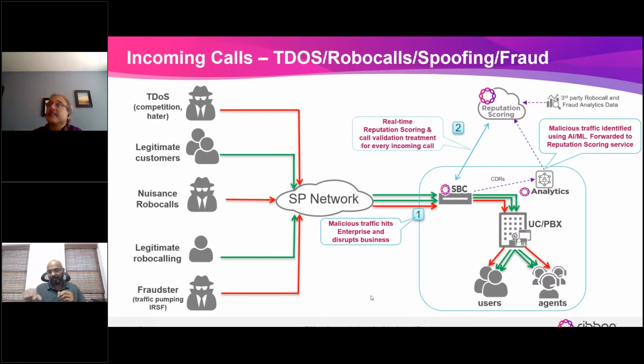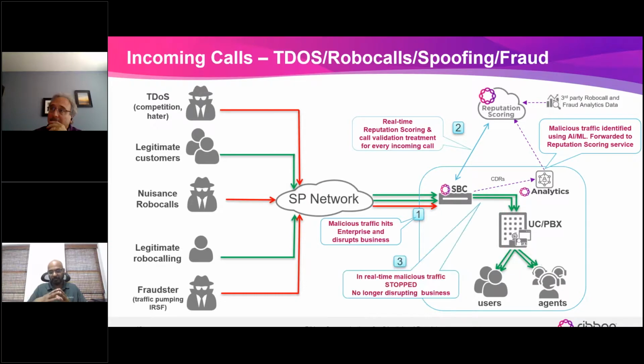If it did not have the voice threat prevention system, the red call would have gotten all the way to the PBX and all the way to the end user agent. But with this system, the SPC looks at the real-time score and then blocks or reroutes the call per the policy set by the enterprise. So the bad calls are blocked from the enterprise network, and the enterprise can focus on the good calls as much as possible.